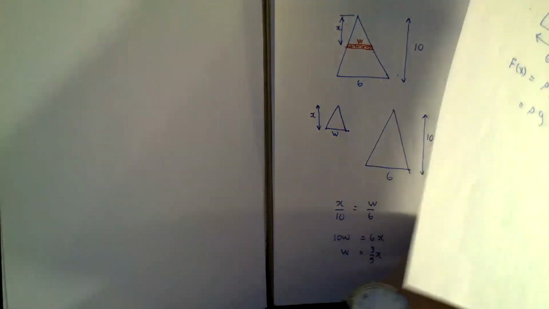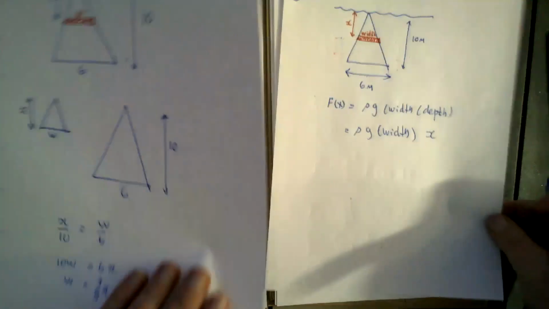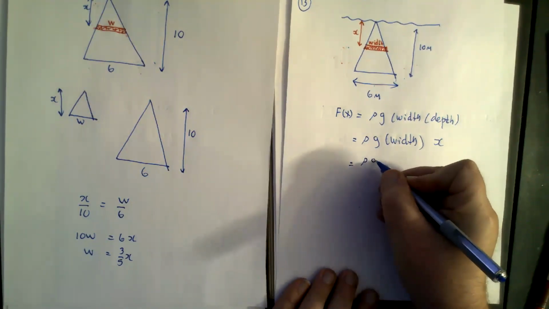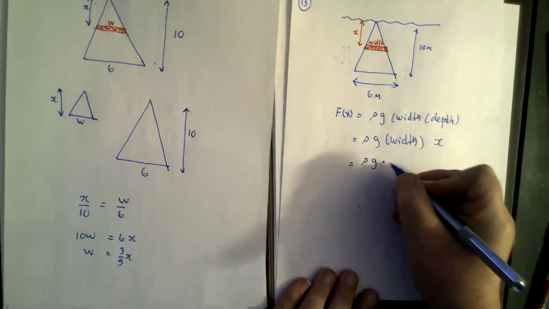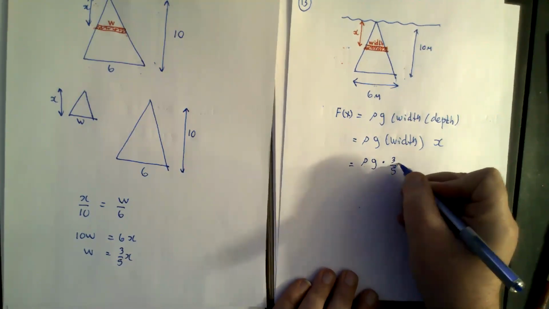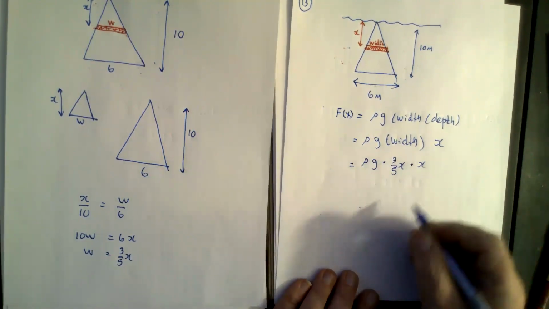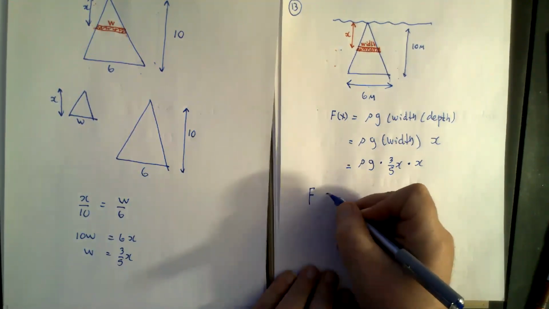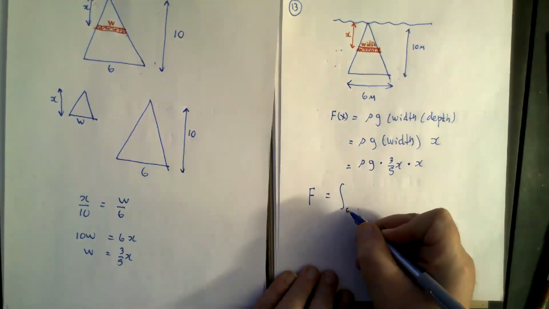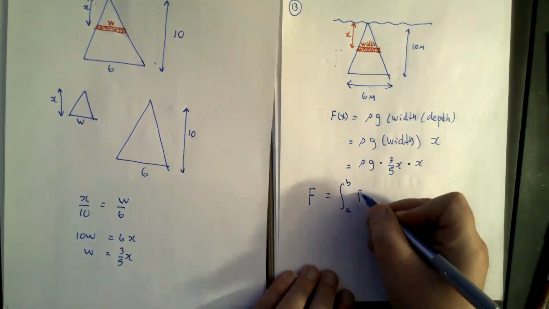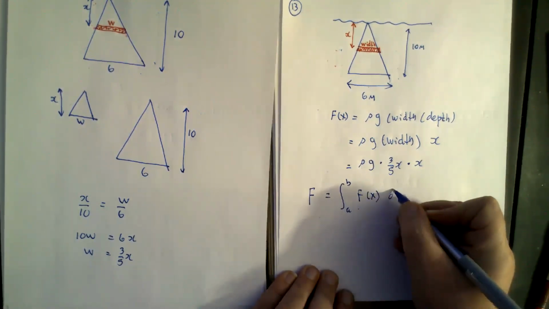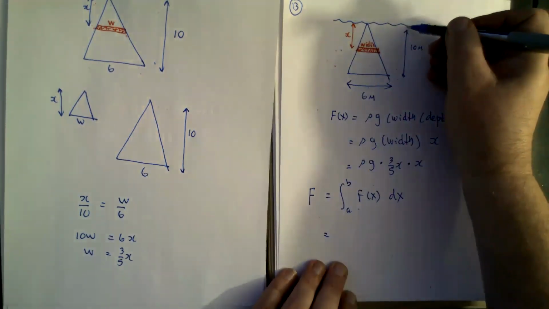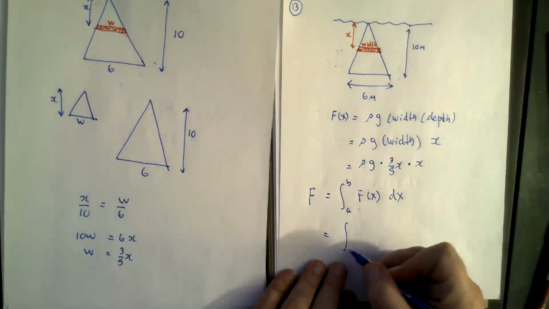So now we are ready to plug it into our force function. So it's going to be rho times gravity times the width times X. And so I can now get the total force, which is all they want, the integral from A to B of the force function dx. It's going to start at 0 and finish at 10, so that's easily done.